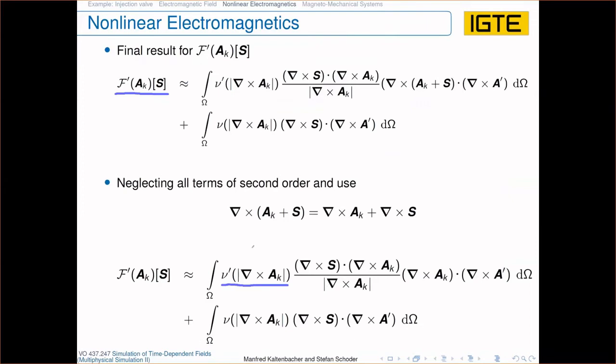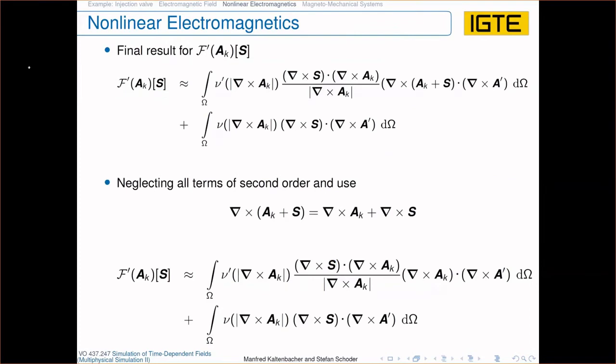But now we have no problems in this sense. We have everything under control, because where we have to evaluate something, it's the evaluation of the previous solution within our iterative Newton scheme, and we can then solve for the increment S.